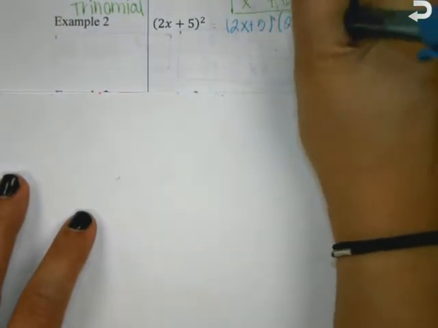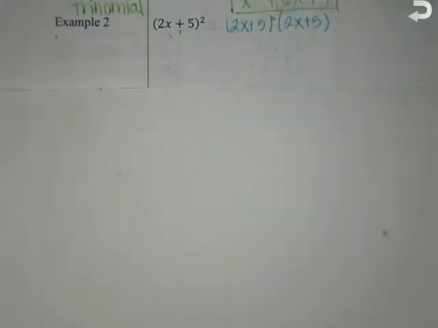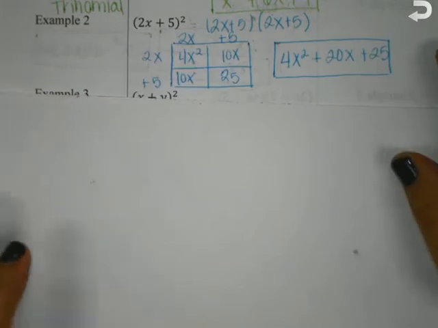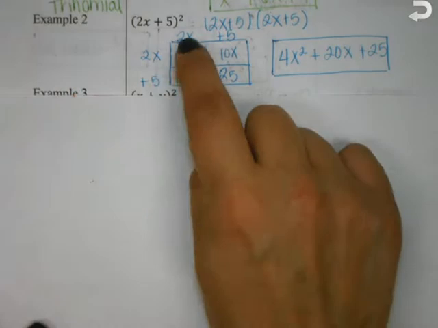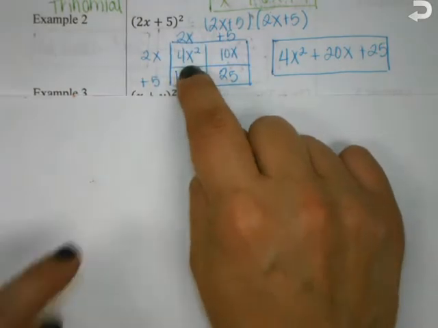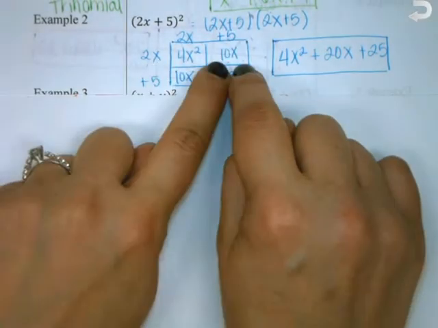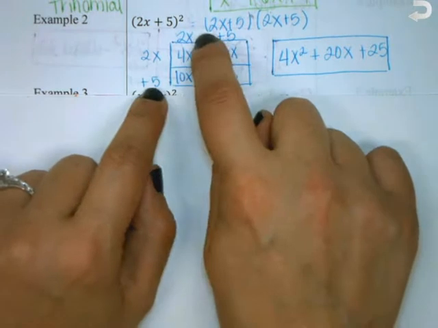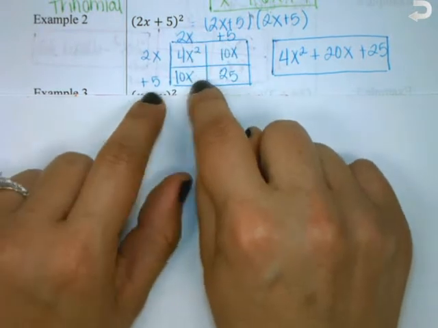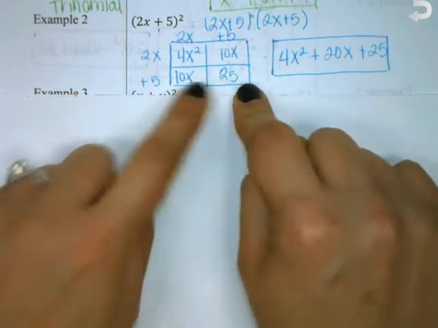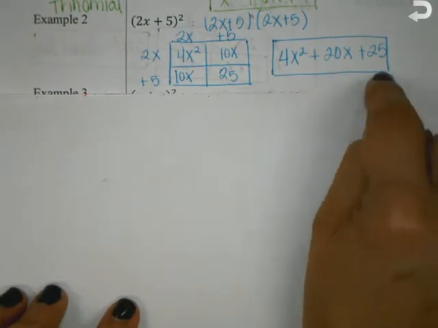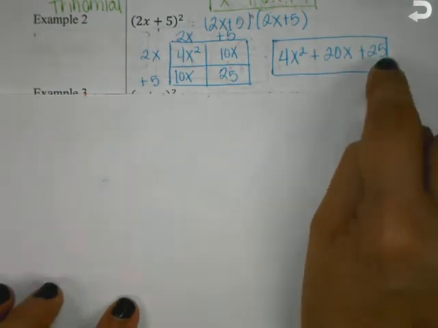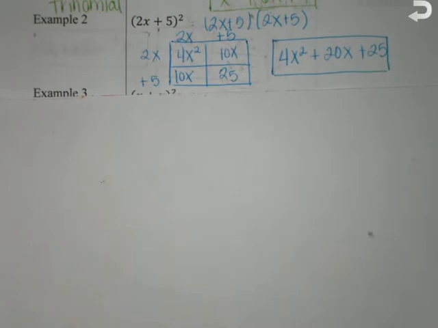Now pick whichever method you want. Alright guys, here's what I got. I used the box method. 2x times 2x gave me 4x squared. 2x times 5 gave me 10x. 5 times 2x gave me 10x. 5 times 5 gives me 25. So my answer came out to 4x squared plus 20x plus 25. Who got that as their answer? Okay, good.